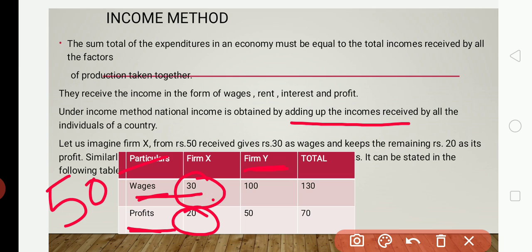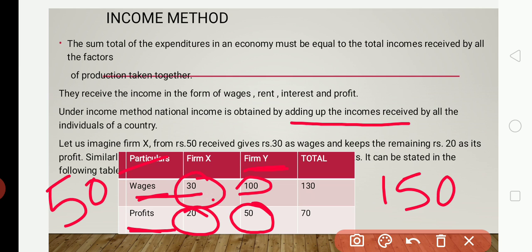Similarly firm Y, okay, it gets the total income of 150. In that 150 it pays the wages of 100 and it keeps 50 as profit. Is it clear? So in this table it is clearly mentioned.